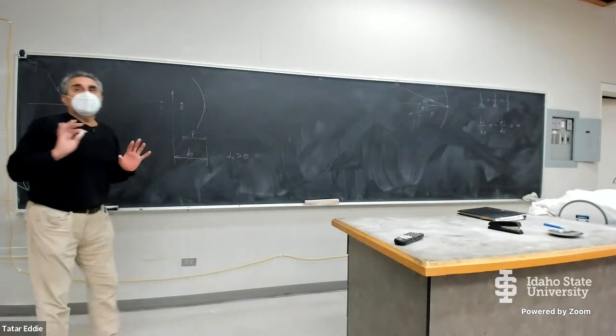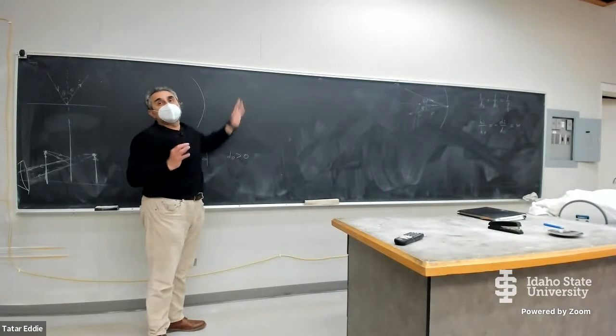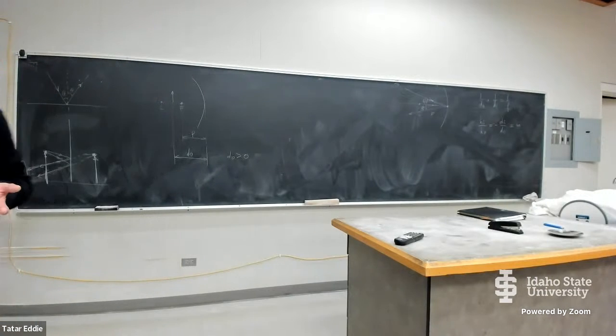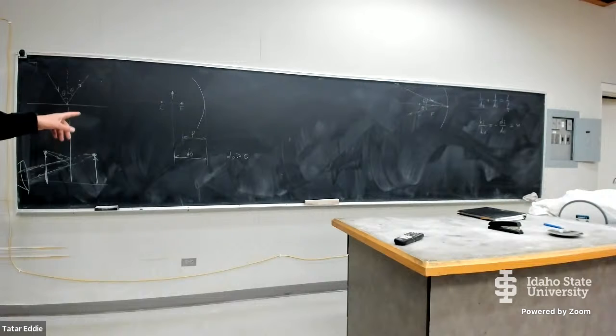And for us, we're never going to place objects behind the mirror because there is no point of doing that, right? Behind the mirror, there is nothing interesting. So therefore, for us, the distance DO is always going to be positive.